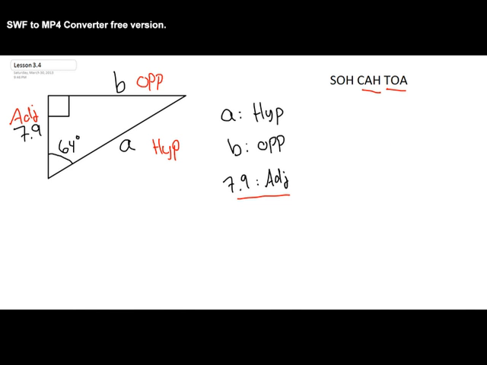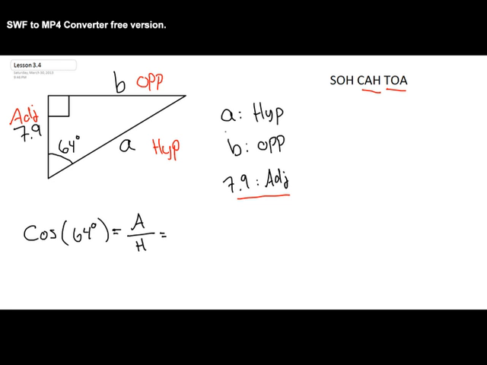So let's see what we get. We're going to find out what the cosine of 64 is and what the tangent of 64 is. So the cos of 64 degrees, this is equal to adjacent over hypotenuse.